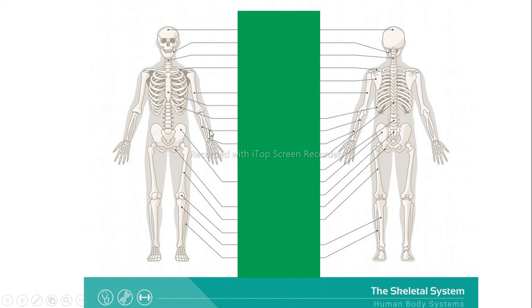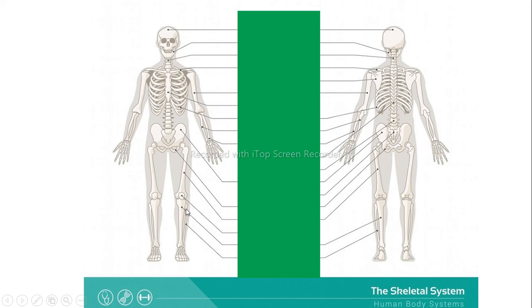Okay, next up. What is this bone right now? Femur, thigh bone. Femur. And then this one is the patella. Kneecap. And then this one right here that adds support.